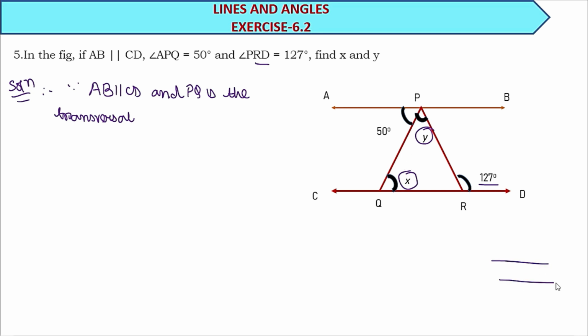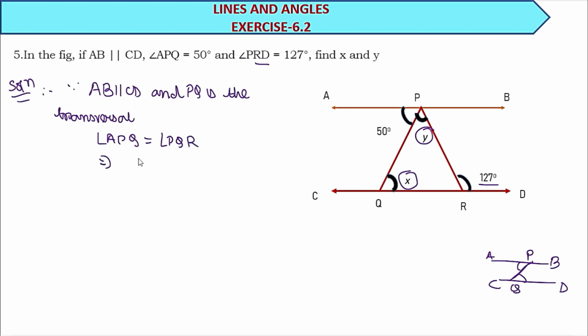It is something like this. Okay, this is AB, this is CD, both of them are parallel, and PQ is something like this. So this angle and this angle are alternate interior angles. So we can write angle APQ equals angle PQR.